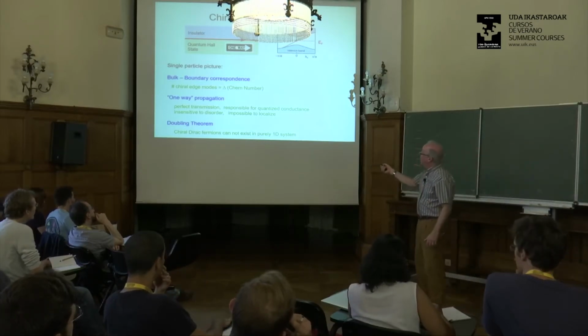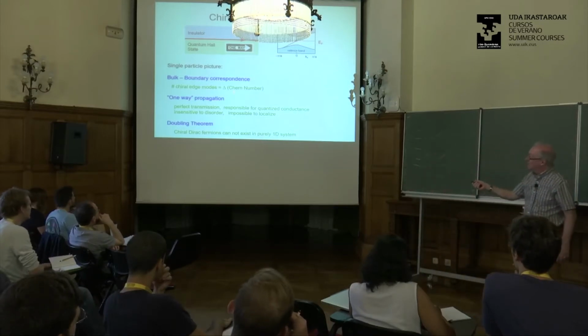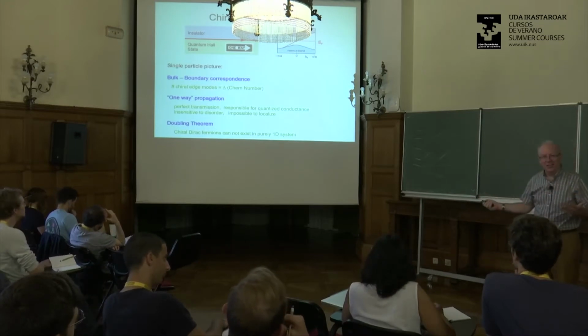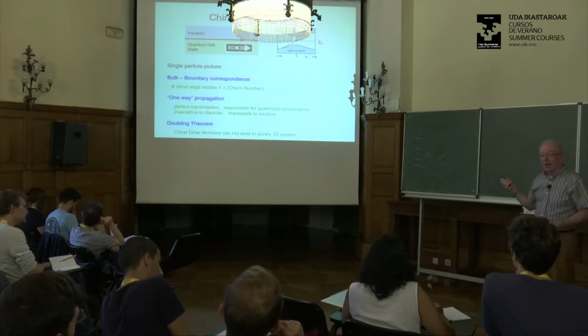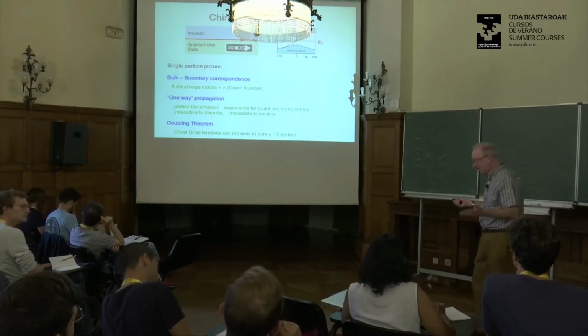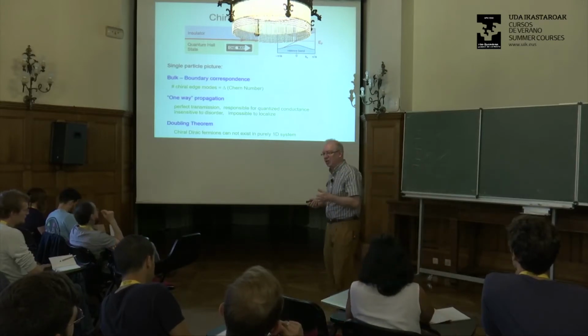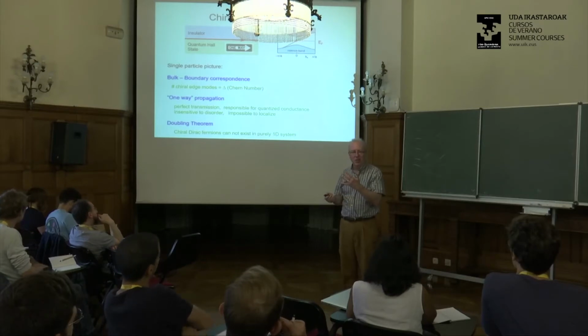Now, I have this picture of thinking about the single particle eigenstates that arise in these edge states. Of course, I'm going to say this point again and again, which is that in a real system, what you're doing is you're filling all of the negative energy states with electrons, and then you have a many-body ground state.